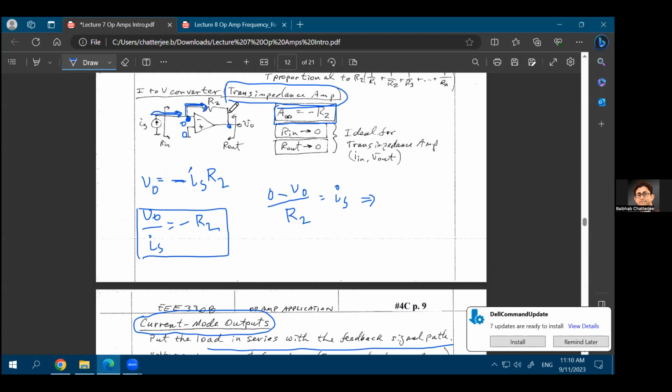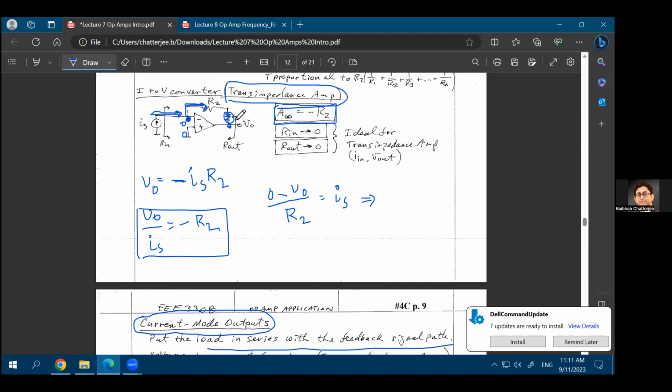Now, let's just assume that your output is a current. What does that mean? That means that from this point V naught, you could have connected an ammeter, which is another series resistance at this point, and calculated what is the current flowing through that ammeter.